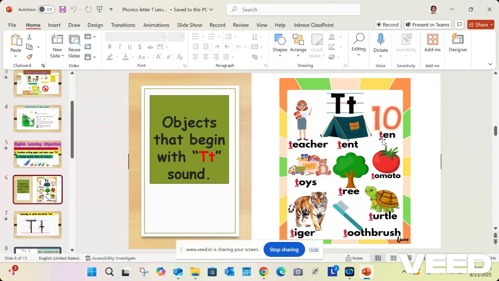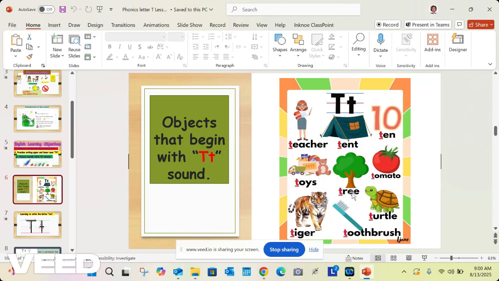T for what? What is this number? T for ten. Very good. And can you look at this one? What is this? It's T for toys. These are toys. Do you have toys? Yes, you have toys, so T for toys.